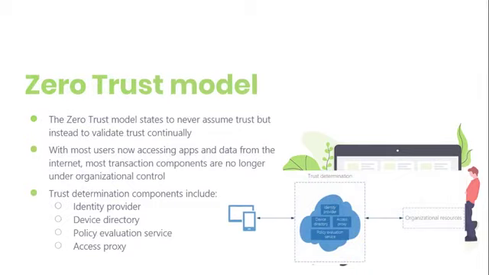The Zero Trust Model was introduced by analyst firm Forrester Research. The Zero Trust Model states to never assume trust but instead continually validate trust. When user, device, and data all reside inside the organization firewall, they are assumed to be trusted.